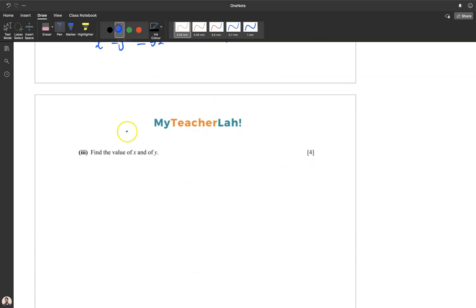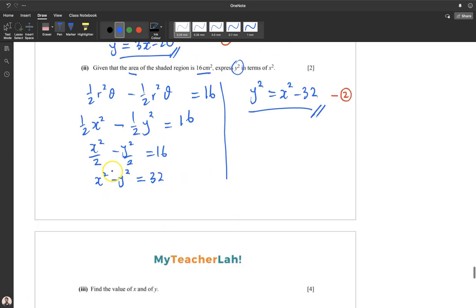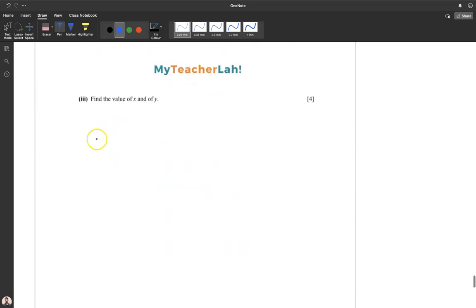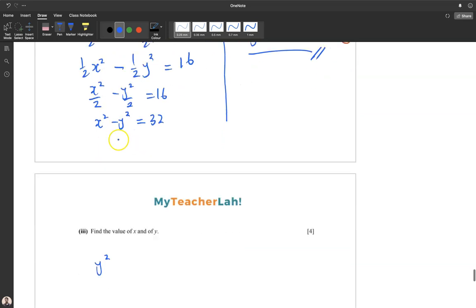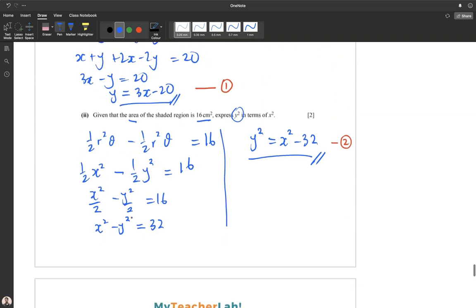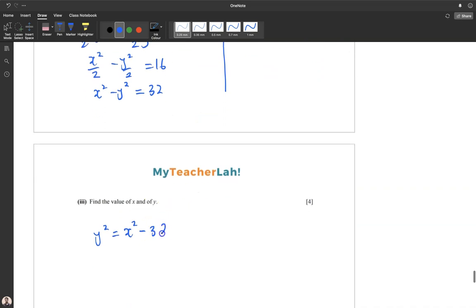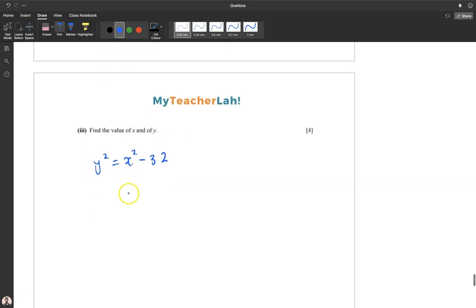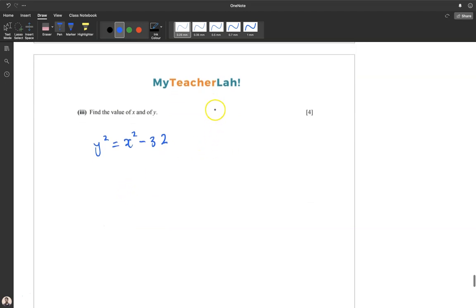Let me write down first so that you have a rough idea of what we are looking at. So we have y squared equals x squared minus 32. Now, earlier my y was 3x minus 20.